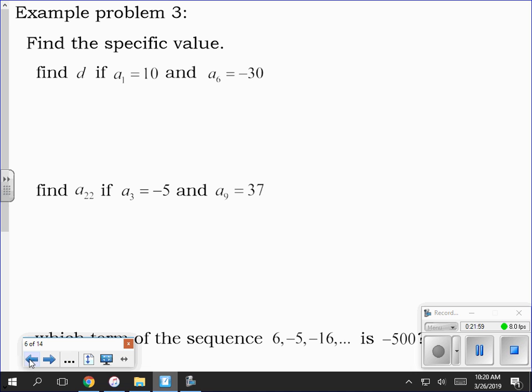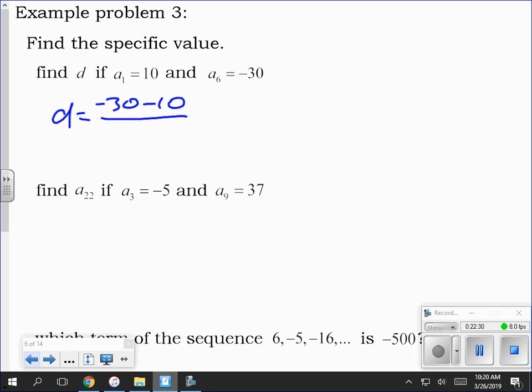So if I want to find D, same idea. I take the last number minus the first number. D is equal to negative 30 minus 10 divided by, and here's the trick. I'm going between a sub 1 and a sub 6. I divide it by 6 minus 1. I subtract the subscripts, the last one minus the first one.